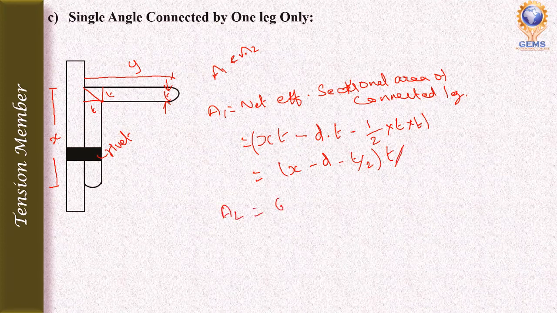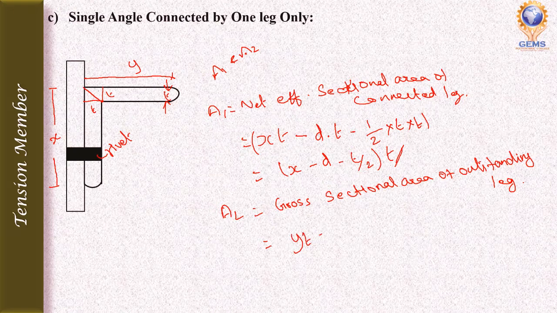How can we find A2? A2 is the gross sectional area of the outstanding leg. So here it is y into t. We don't have any rivet holes here, so we will directly subtract half into t into t.